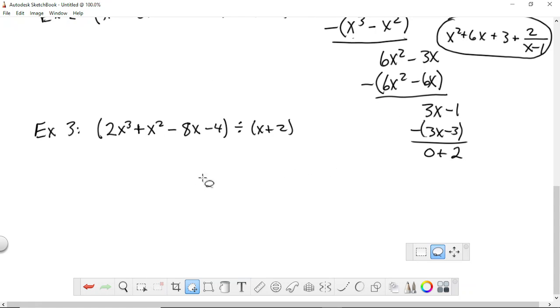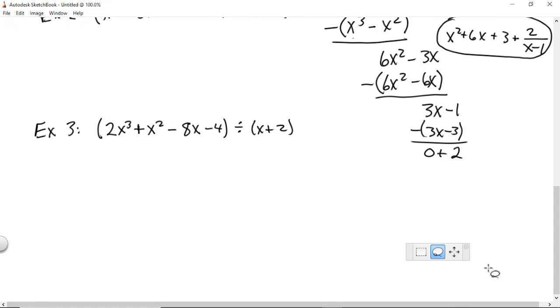So here's our division problem: 2x cubed plus x squared minus 8x minus 4, and we're dividing by x plus 2.